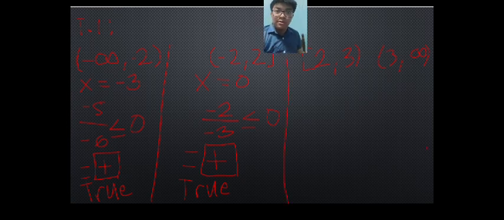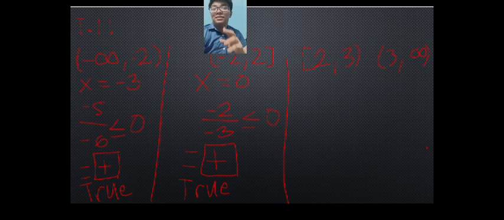For our third interval, positive 2 to positive 3. Oh no, there is no number between them, but there is actually. What's between 2 and 3 is 2.5. So let's choose 2.5 as our test. So 2.5 minus 2 over 2.5 minus 3.